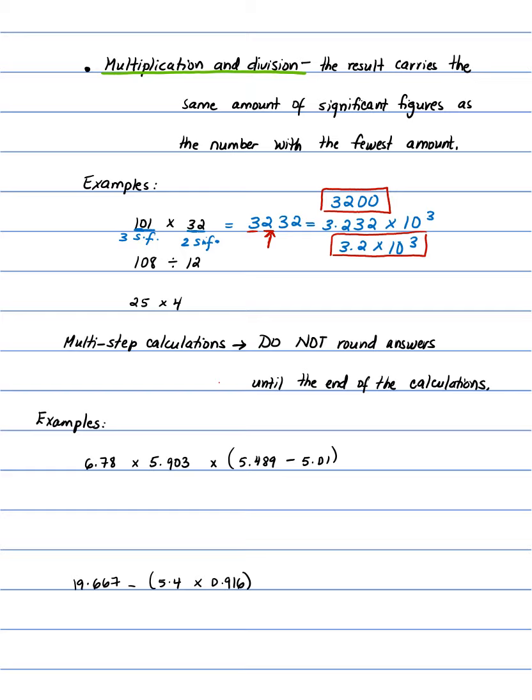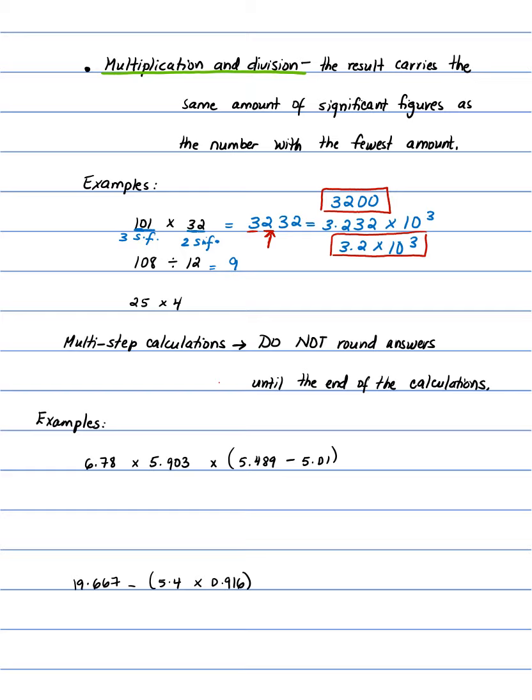Now the second problem right there, 108 divided by 12. 108, you have a confined zero. That's a total of three significant figures. And then 12 is just two significant figures. So when you do 108 divided by 12 in your calculator, the calculator is going to give you 9.